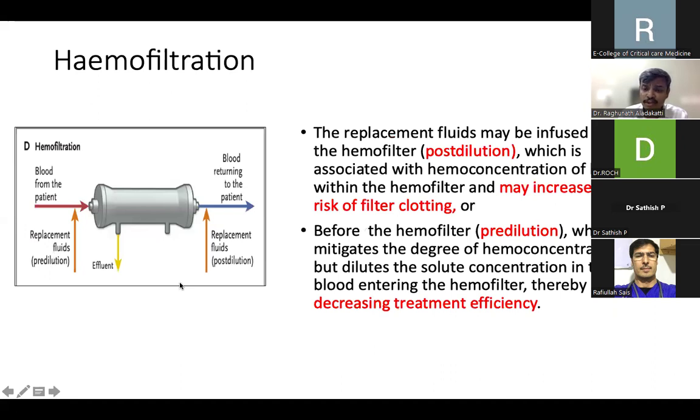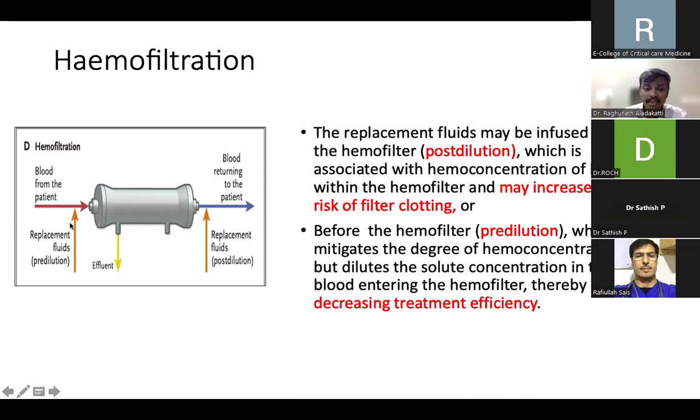The replacement fluid may be infused after the hemofilter. This is called post-dilution, which is associated with hemoconcentration of blood within the hemofilter. Here, more concentrated blood is present, and the more concentrated the blood, the higher the risk of clotting. Clot formation happens in the hemofilter. So we should keep this in mind.